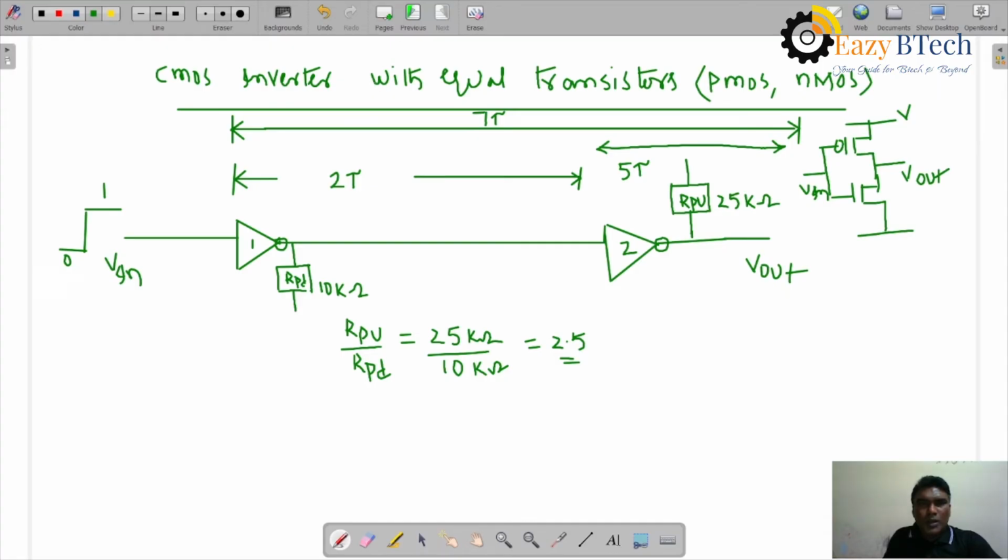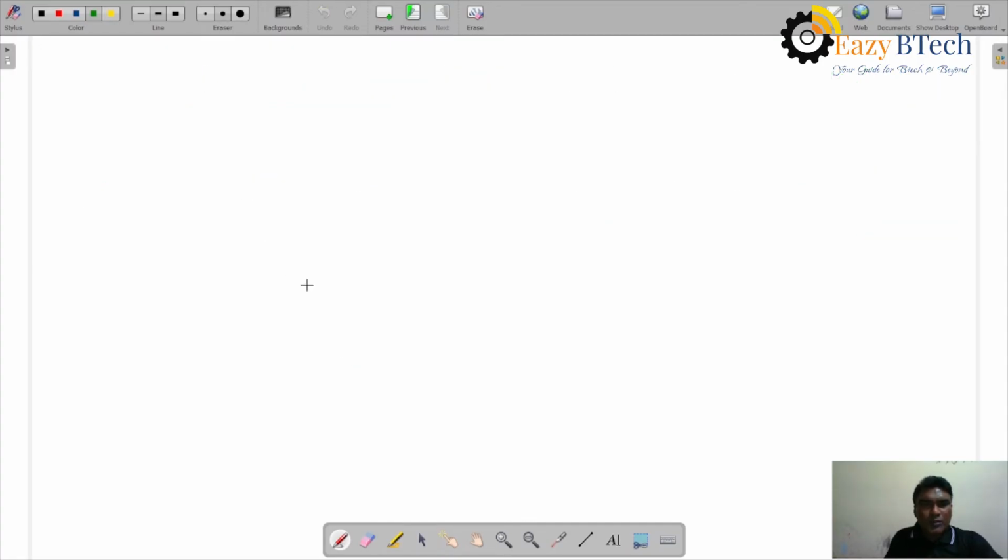Now there is a formal estimation of CMOS inverter time delay.